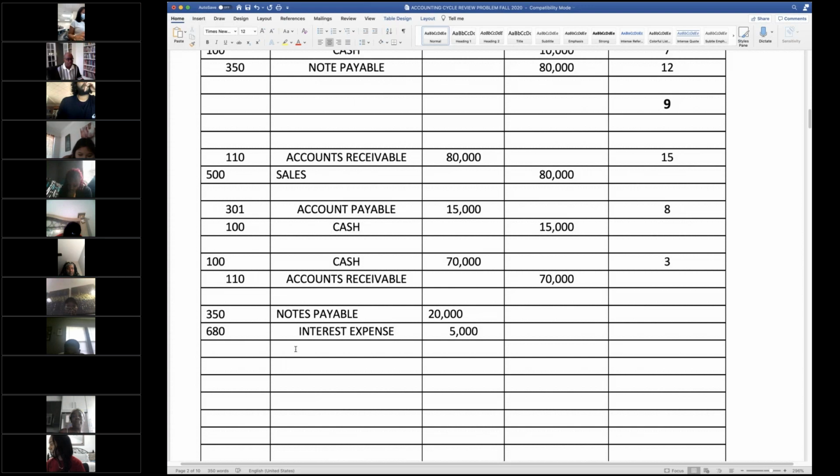The bank wants $25,000. You don't want 20. You don't want 15. The bank is going to want $25,000. So you're paying back what you borrowed plus interest.